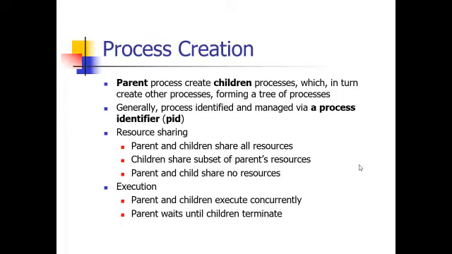So from the parent process, that is to run the word processor, there can be child processes created for each task. For example, for word processor spell checking, we can create a child process. Formatting, we can create a child process.